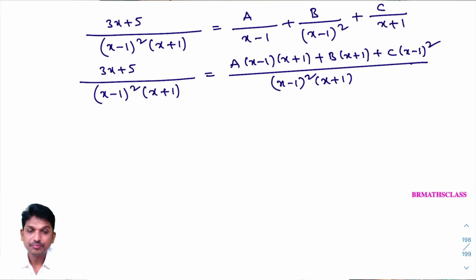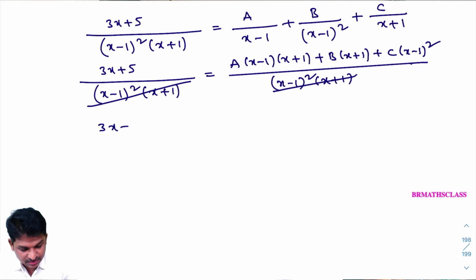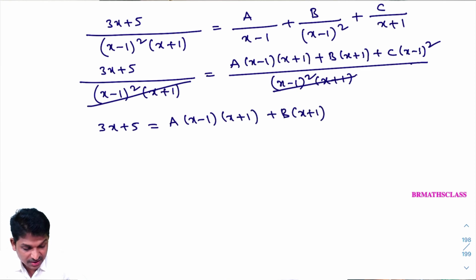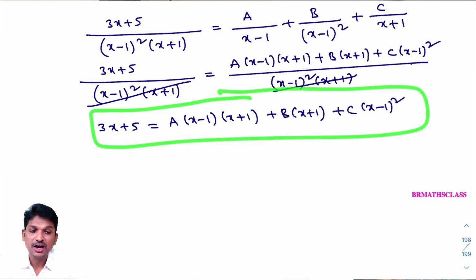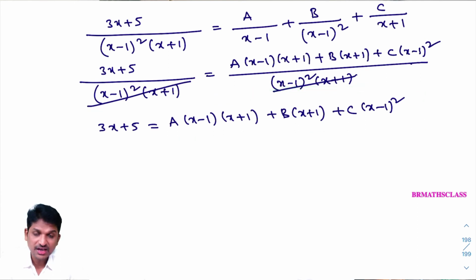Now look here, this will get cancelled. What will you get? 3x plus 5 equals a into x minus 1 into x plus 1 plus b into x plus 1 plus c into x minus 1 whole square. What is the basic idea? I want to find the values of A, B, C. So I'll use the tricky thing that we used in type 1 to find A, B, C values.